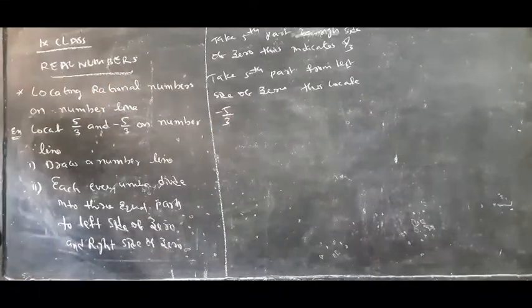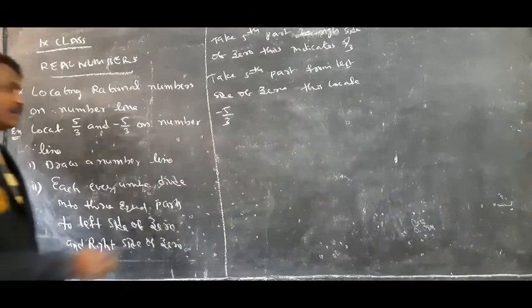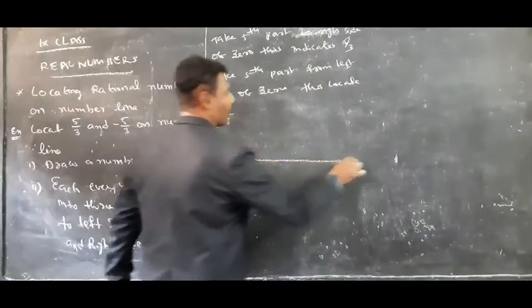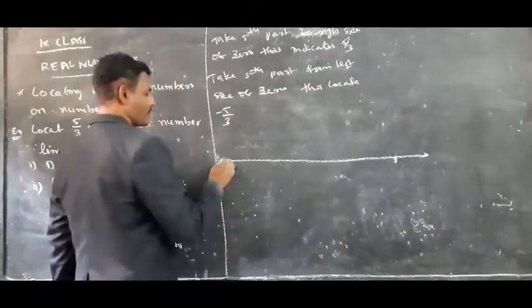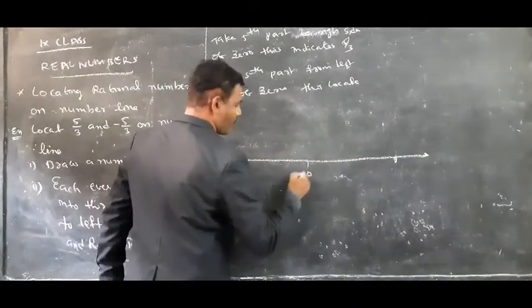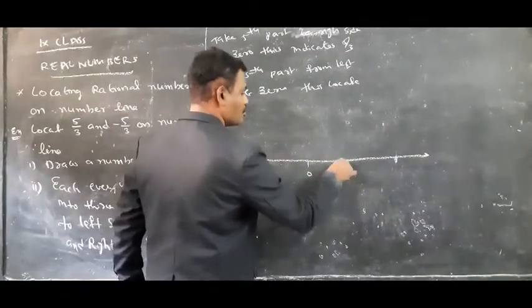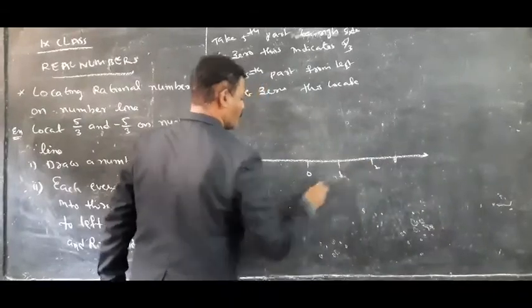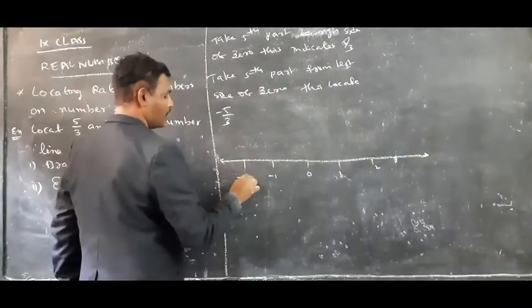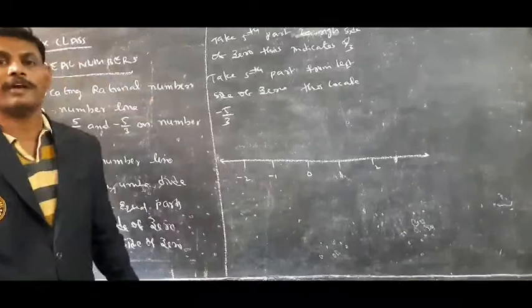So these are the steps you have to follow to locate rational numbers on the number line. What is the first point? First draw a number line and 0, then 1, 2, minus 1, minus 2. Each and every unit is divided into 3 parts.